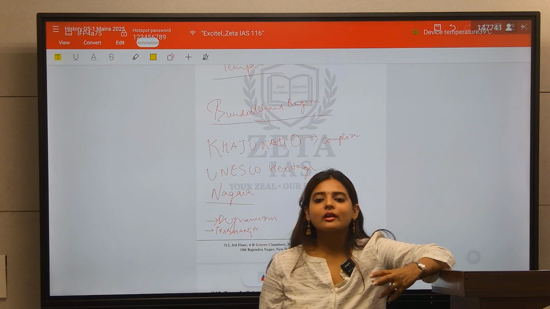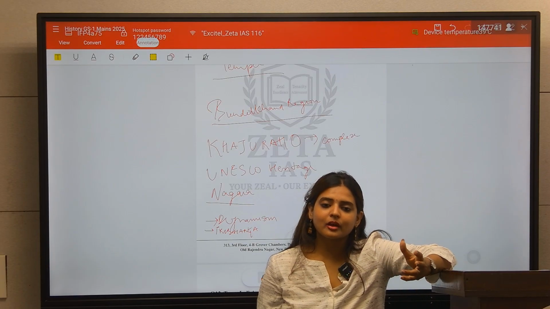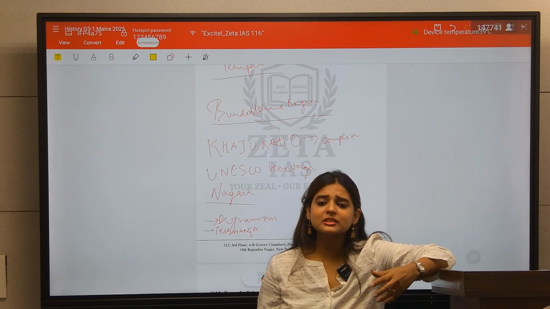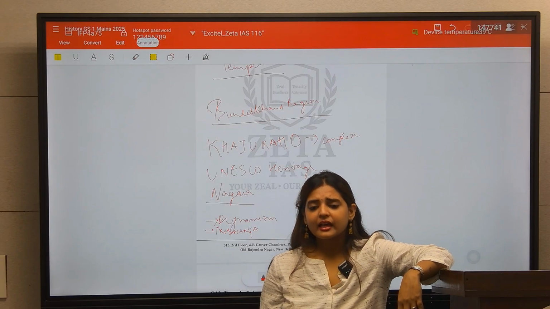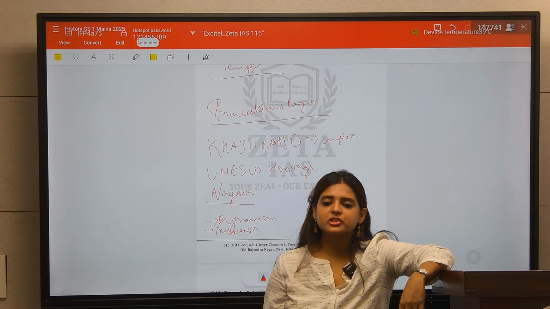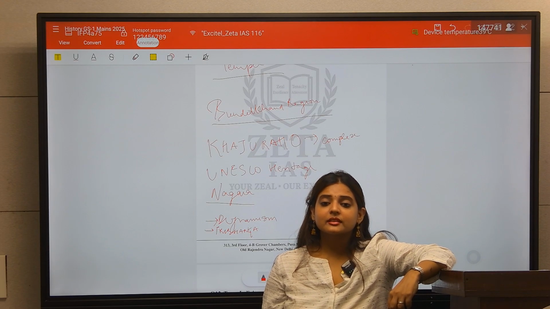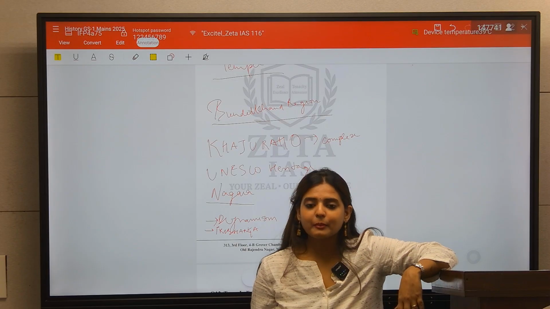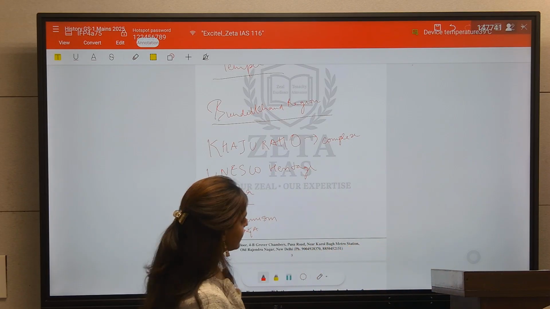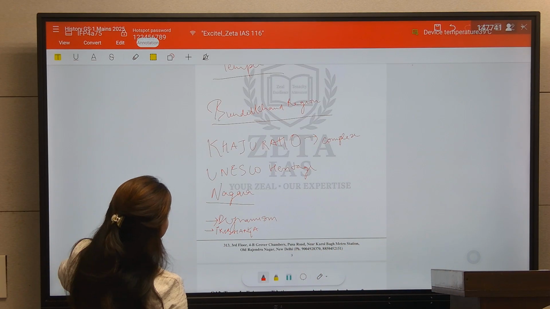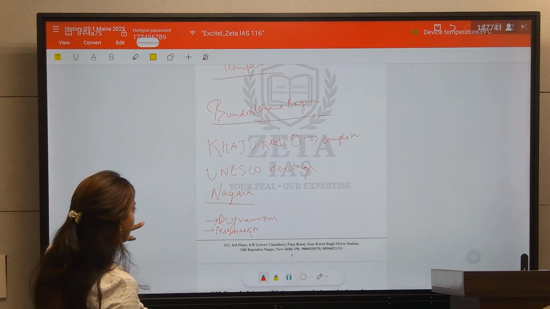And the erotic sculptures, they also symbolized fertility, and it was a harmony with nature, and it celebrated the spiritual journey, the Kama Sutra, the spiritual journey. So you have to write about all these things in this Chandela temple.